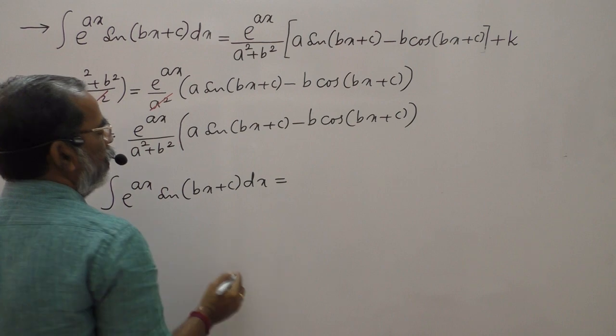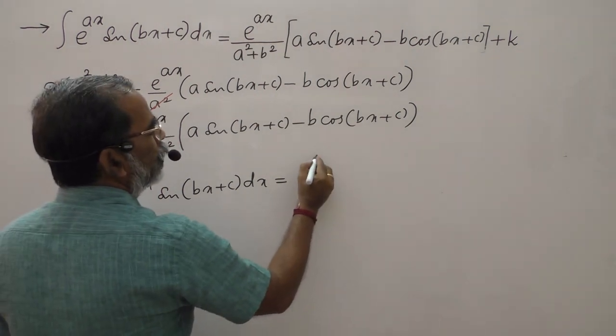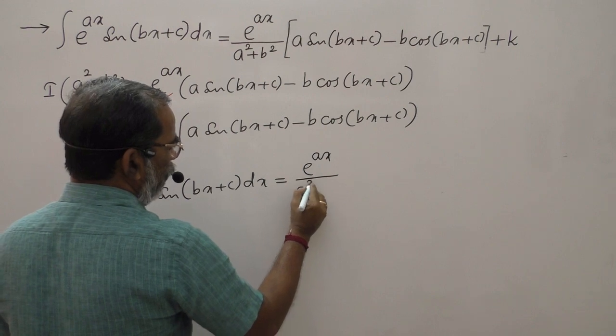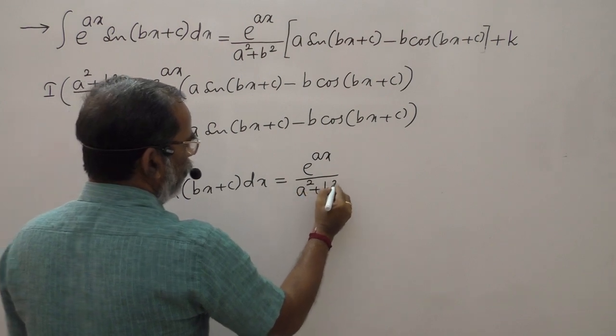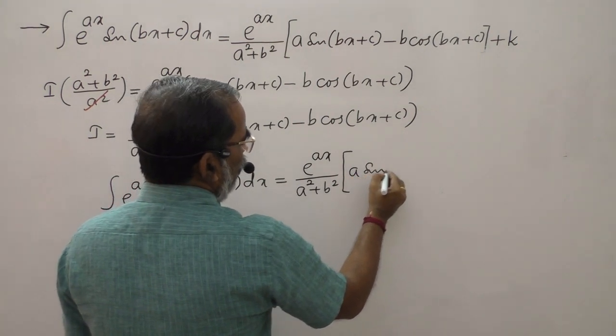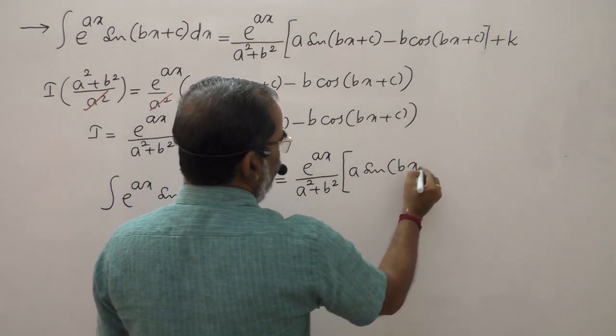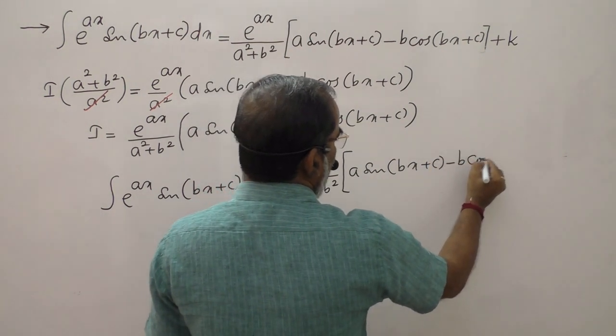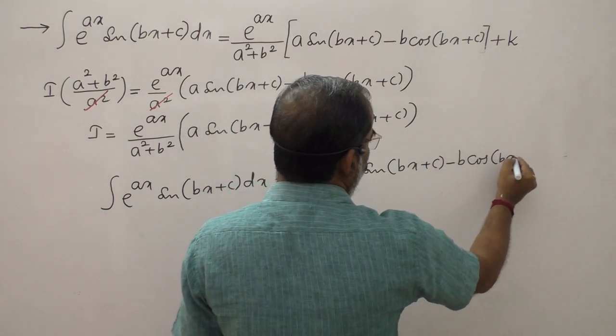This is I, whose integral is e power ax divided by a square plus b square into a into sine of bx plus c minus b into cos of bx plus c.